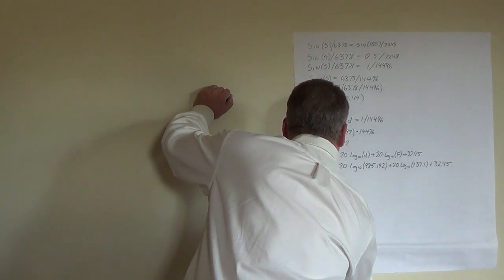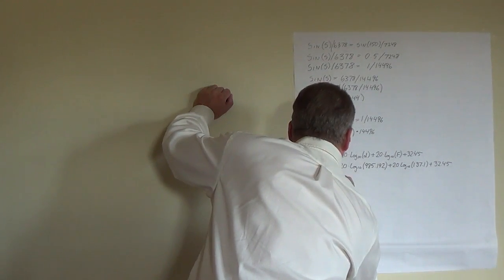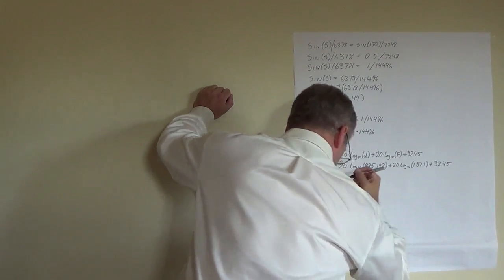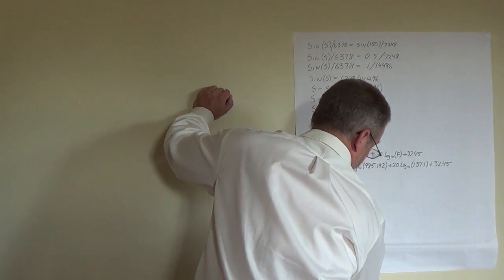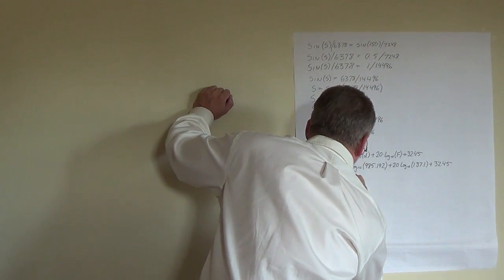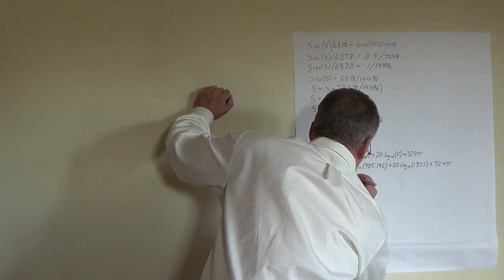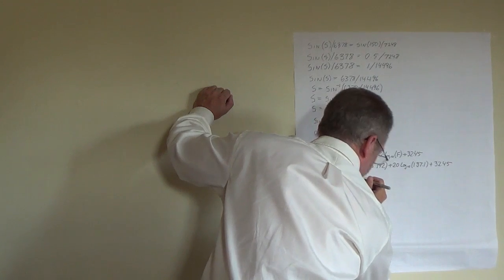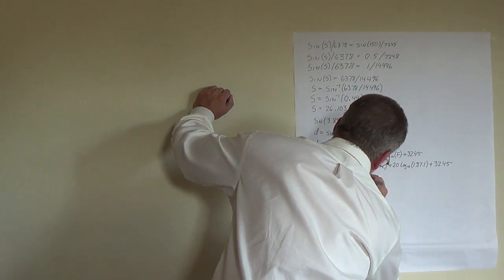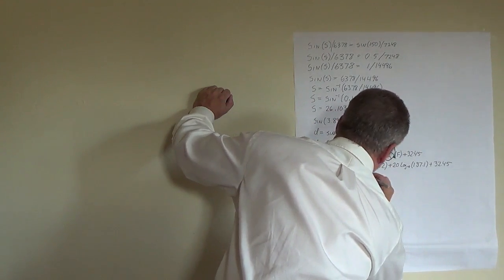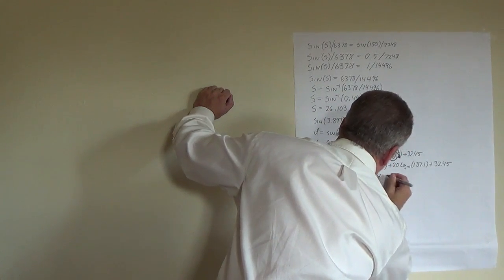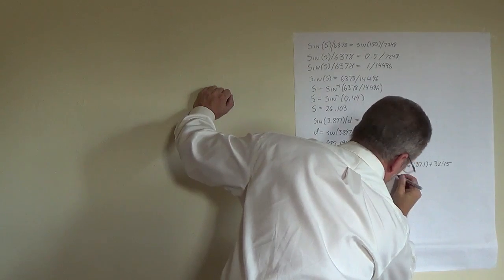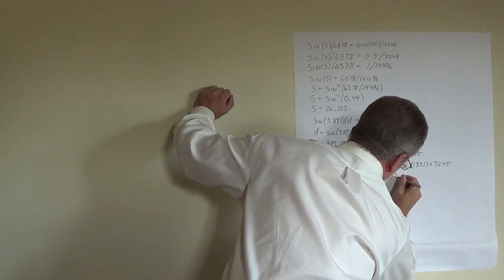Our free space propagation loss is equal to 59.87 plus 42.74 plus 32.45.